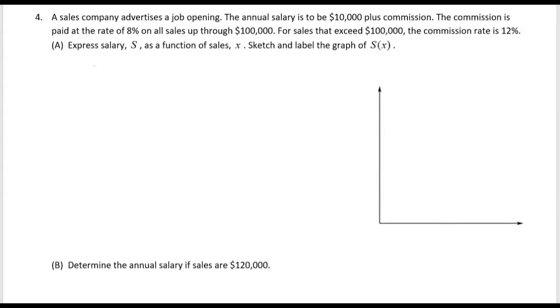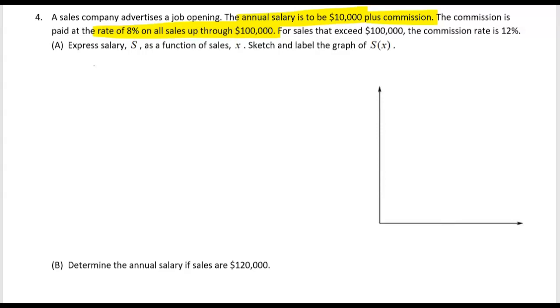information given to us. So if you see here, we've got a sales company and they're advertising a job. And the way they're structuring this job is you can make an annual salary of $10,000 plus commission. All right, so their commission rate is 8% of all of the sales up to 100,000.